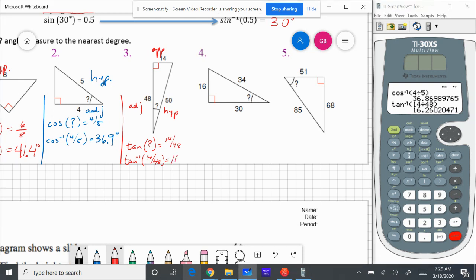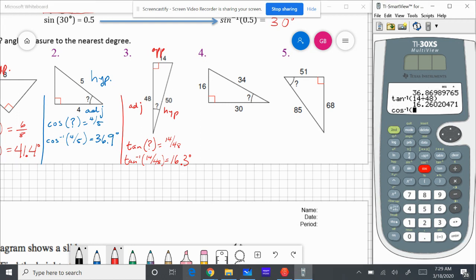And that's 16.3 degrees. It's a pretty small angle, so it looks like these drawings are drawn to scale, but don't assume. I did say you could use any trig ratio, so let me show you what happens if I use the cosine. So I'm just going to use the calculator to follow along.